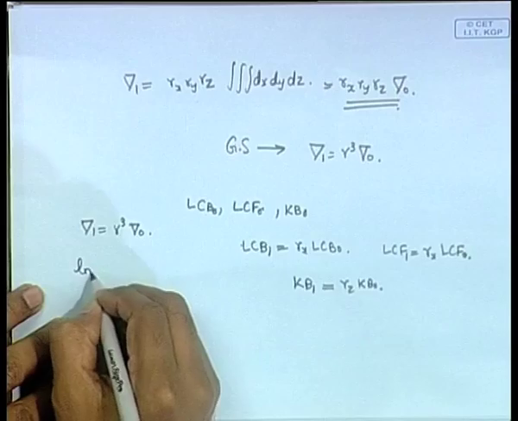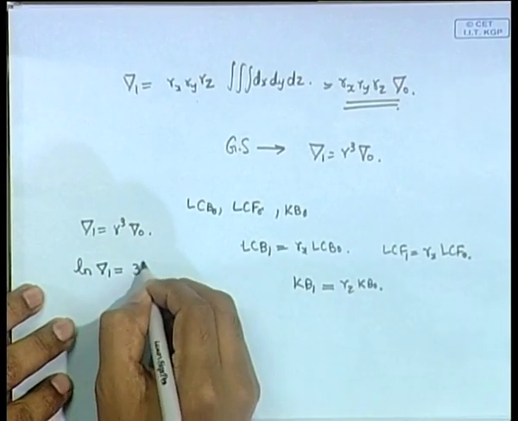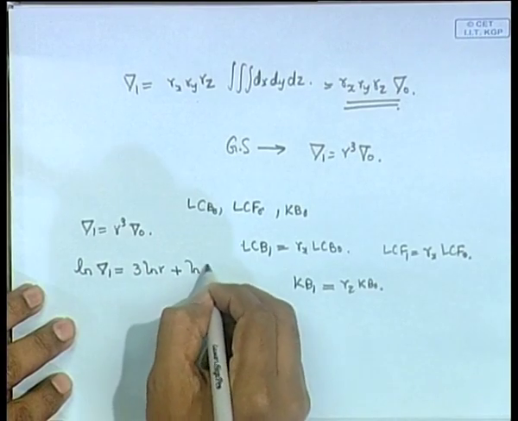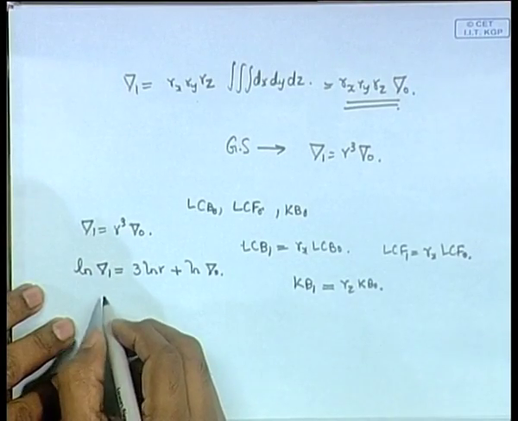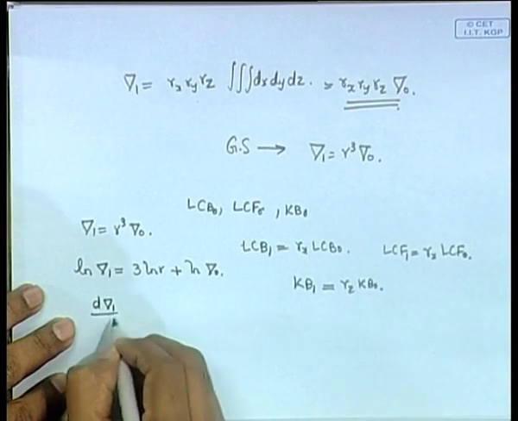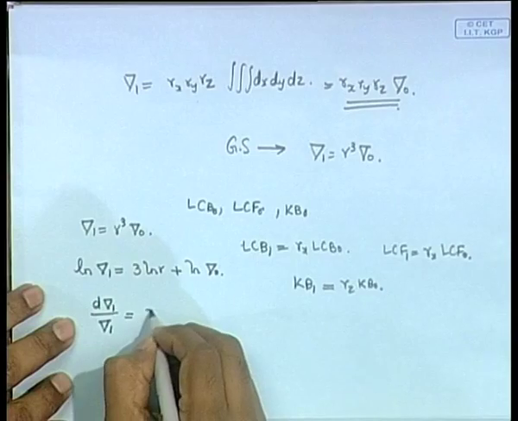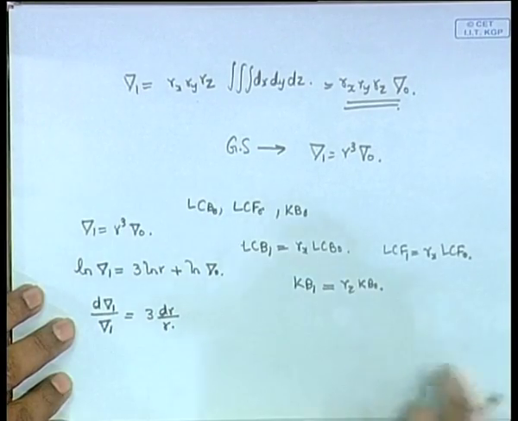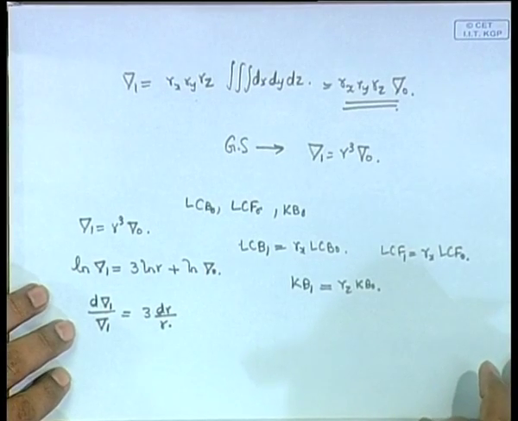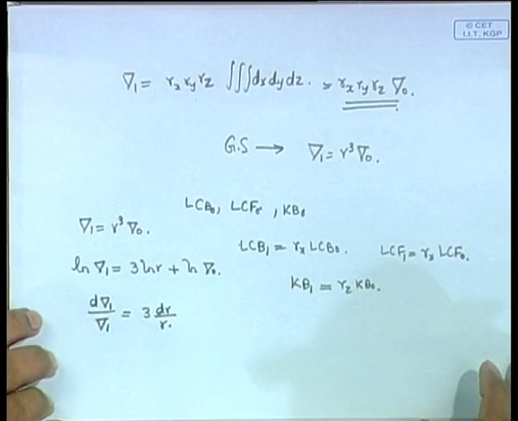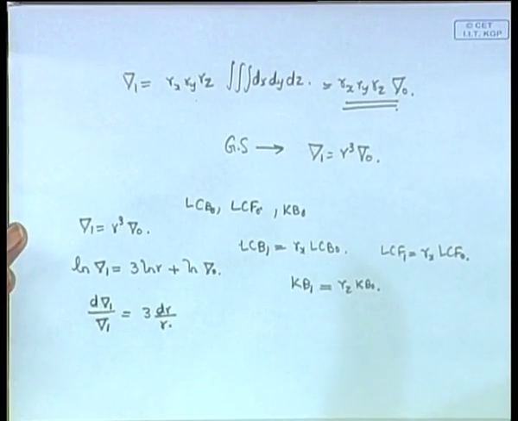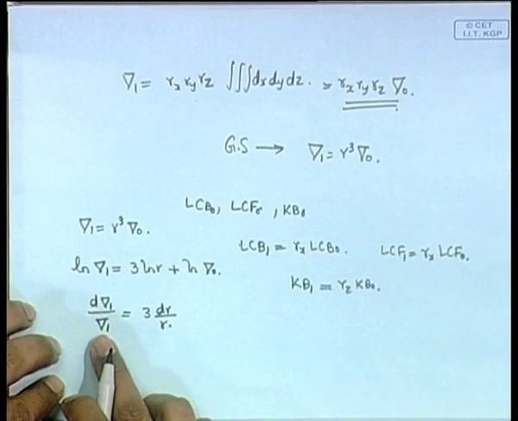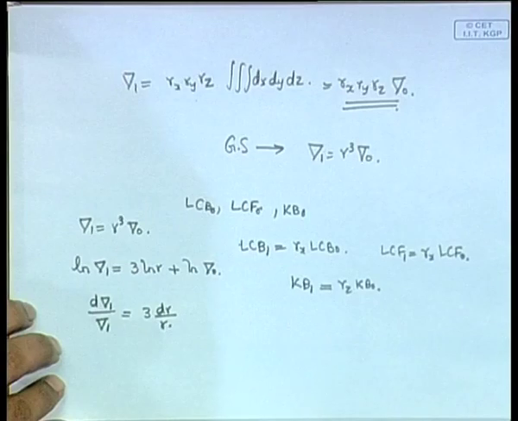Now taking logarithm on both sides, and now if you differentiate both sides, because delta 0 is a constant, it does not depend upon R. Now note that this differential you are doing with respect to R, that means the scale keeps changing.